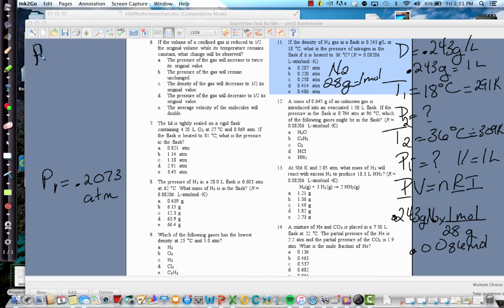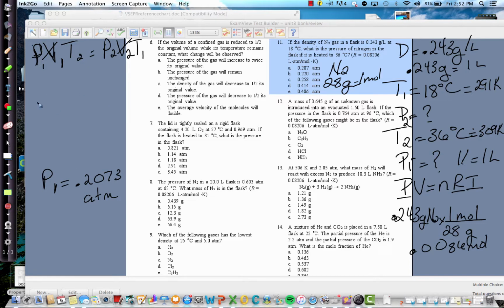P1 times V1 times T2 equals P2 times V2 times T1. All I'm going to do with this is take out the variables I don't need. I didn't put n in here, but I'm going to take it out anyway. I'm worried about just pressure and temperature here, so I can take out the volume.